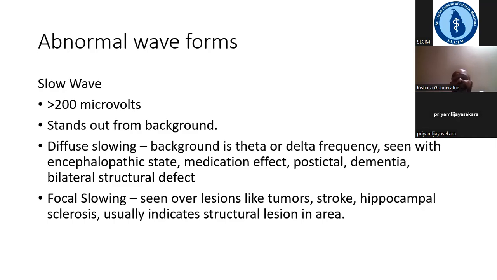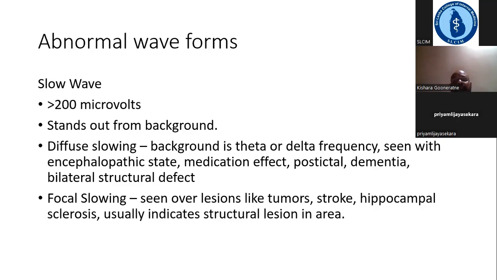Of course, medication effect. And we also see this after seizures. That can even last for 24 hours or more, depending on the duration and severity of the seizure. We might see that the EEG is slower than we would expect in a normal individual.